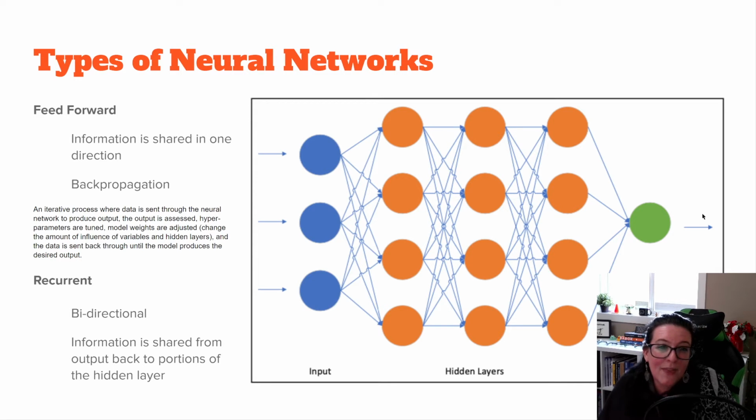That is different than a recurrent neural network where we have bidirectional movement. With a recurrent neural network, information can go backwards. So we have the feed forward where information goes from inputs to hidden layers, but with recurrent, information can go back to earlier layers. And so recurrent is going to be used for time series type data where we're looking at changes over time.